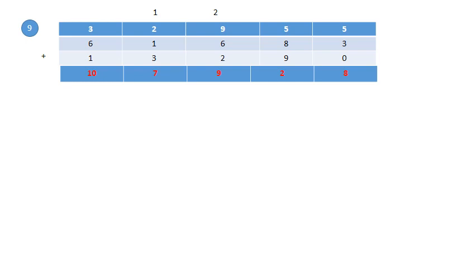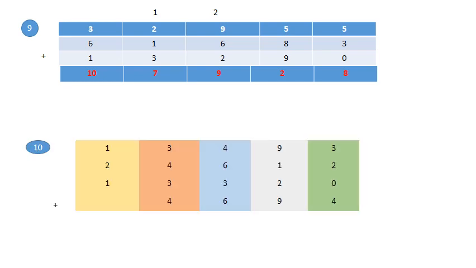Come on, let's do the 10th one. Write down the question and just find out the answer. Do here 3 plus 2 plus 0 plus 4, 9. 9 plus 1, 10. 10 plus 9, 19. 19 plus 2, 21.